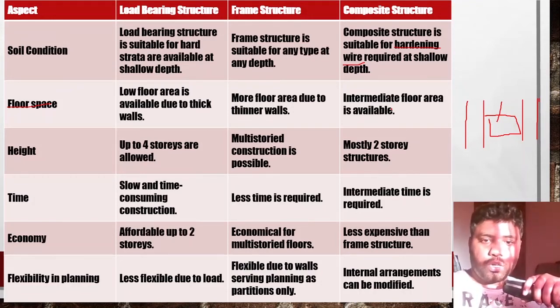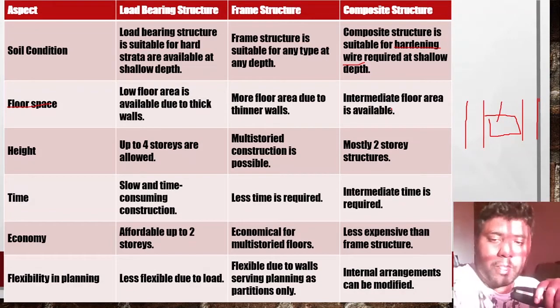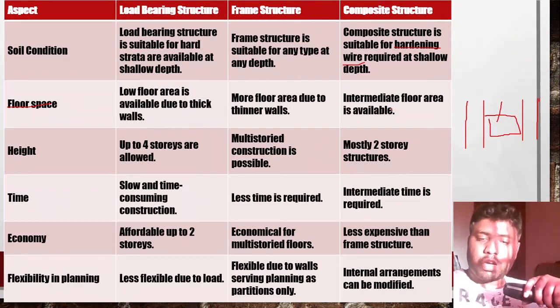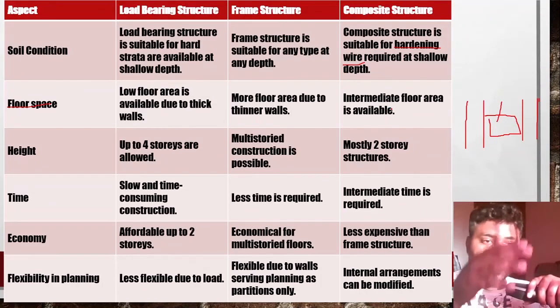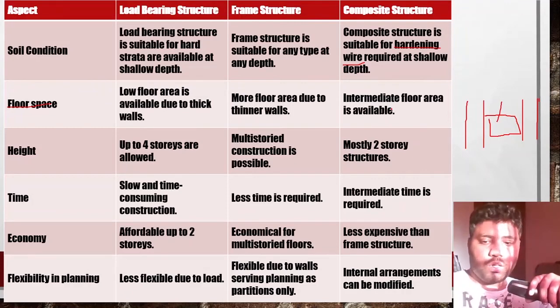In frame structure, it is more flexible because the planning is very easy, as the walls do not carry the loads, so we can use the walls only for covering and partitions. In composite structure, internal arrangements can be modified; there is no need to worry about the load transfer, so we can arrange the structures as much as possible.